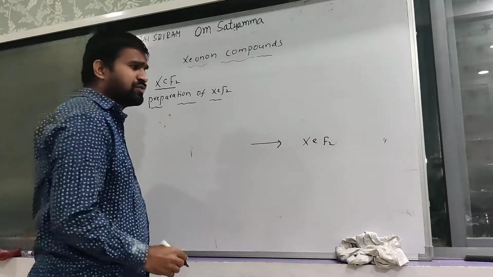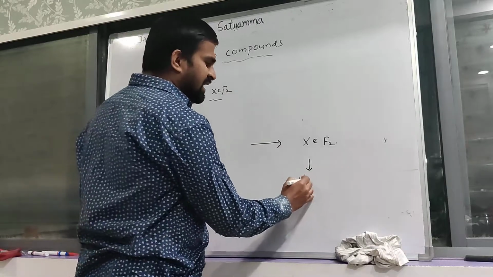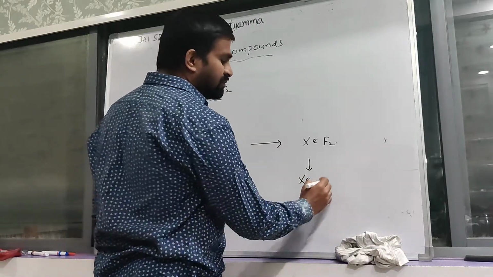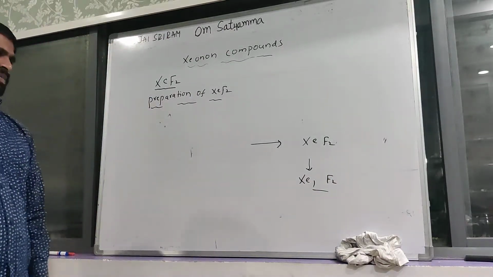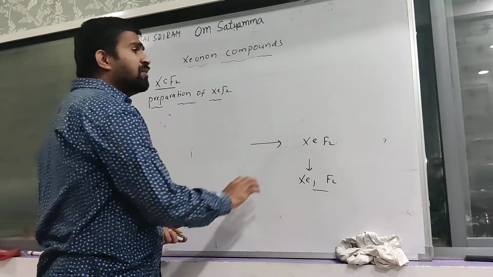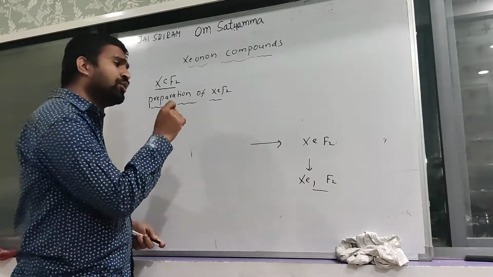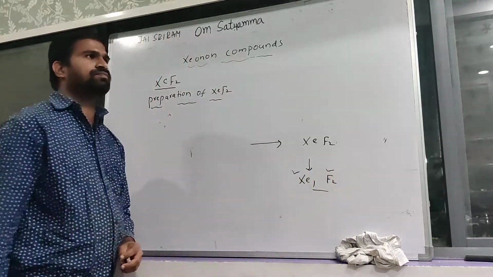You can observe in the chemical formula of xenon difluoride that a xenon atom and a fluorine molecule are present. That's why, to prepare xenon difluoride, you compulsorily need a xenon atom and a fluorine molecule.